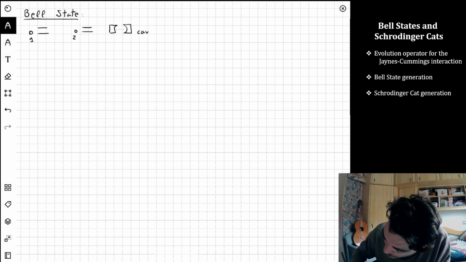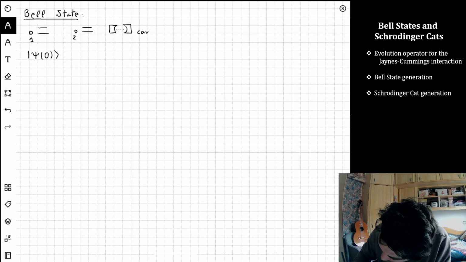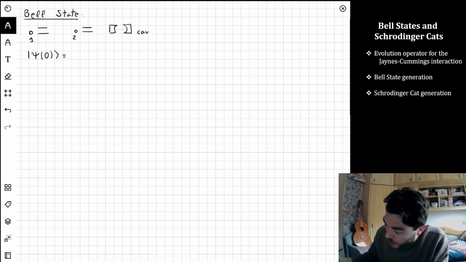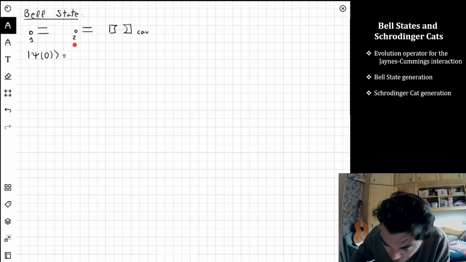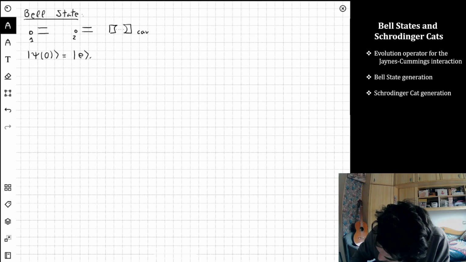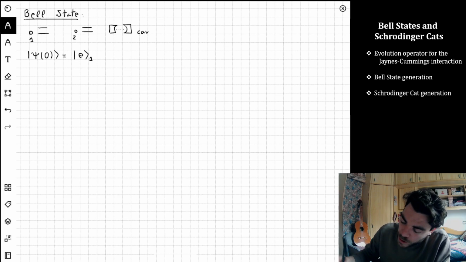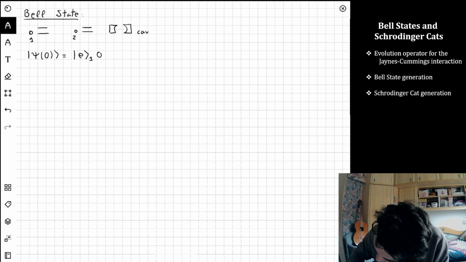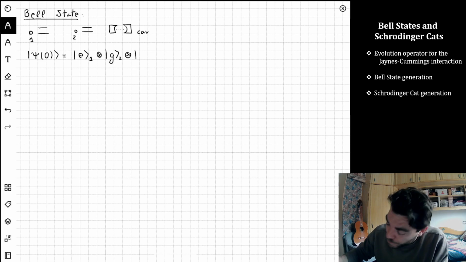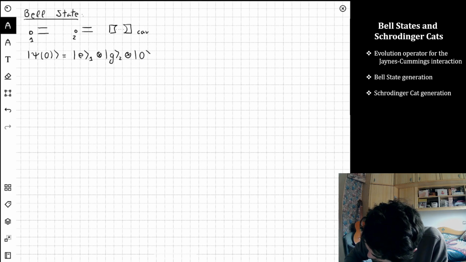Let's assume that the starting point of the total wave function of the 3 things, at time 0, is that we start with the first atom in the excited state. So let's label it like this. The first atom is in the excited state, then we have the second atom in the ground state, and the cavity in the ground state, so with 0 photons.